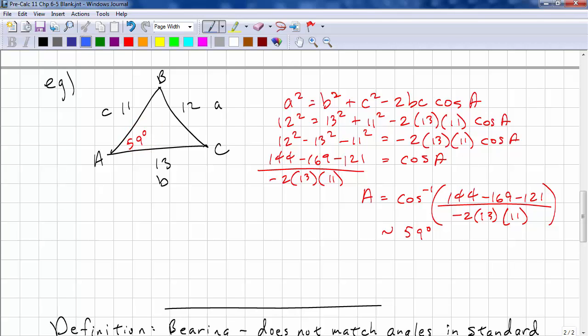Now we don't have to use the cosine law anymore because it's a fairly lengthy process. Let's use the sine law. And we want to find an angle. So let's put sine in the numerator.